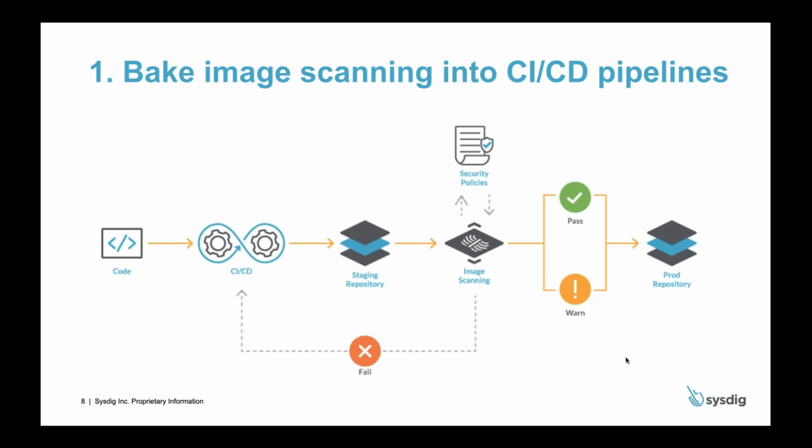The first best practice to adopt is embedding scanning into your CI/CD pipelines and integrating with tools like Jenkins, blocking builds if they don't meet security and compliance guidelines provided by the security stakeholders in your organization. And as we saw earlier, scanning early and reporting on that failed build directly in the pipeline itself is key to ensuring your developers can immediately see exactly why their build failed, right? And then rebuilding the image with the appropriate fixes allows them to ship applications fast.